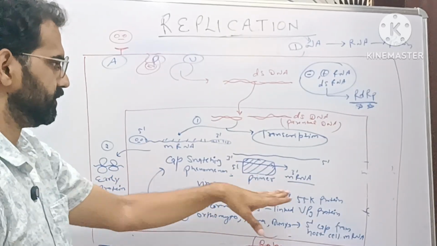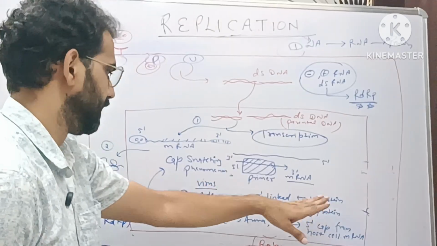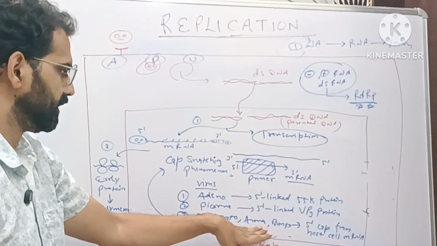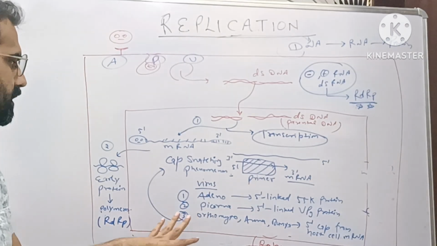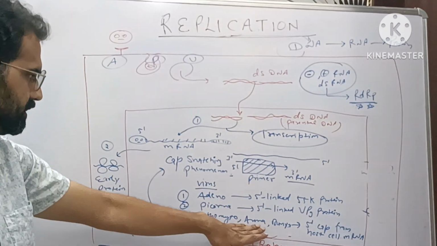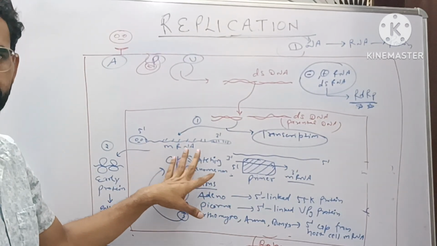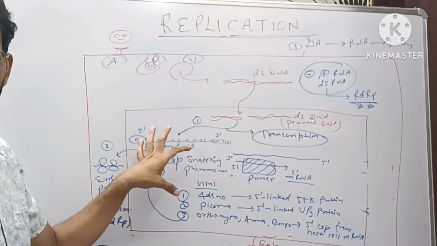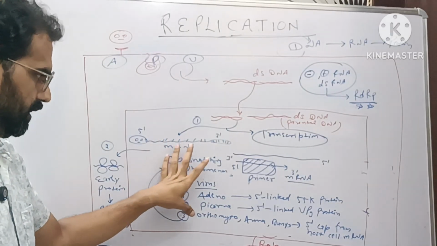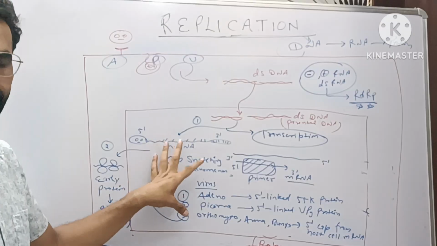Adenovirus uses 55K protein as a primer. Orthomyxo, arena and bunya viruses use the 5' cap from the host cell. This mechanism of these 3 viruses is known as cap snatching. They snatch the cap from the 5' end of the host cell messenger RNA.